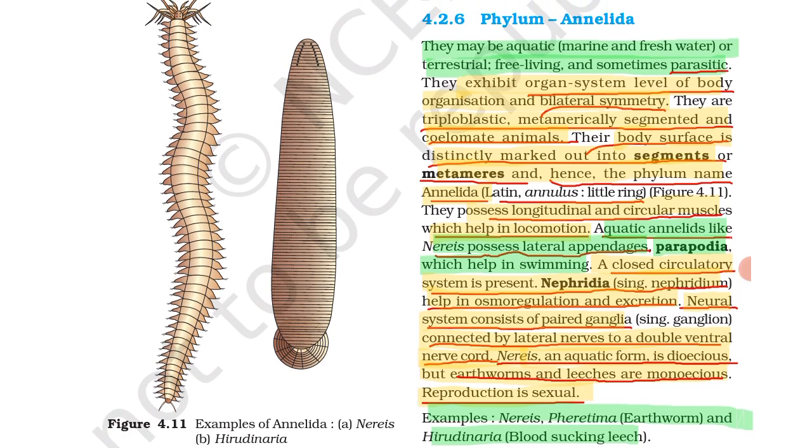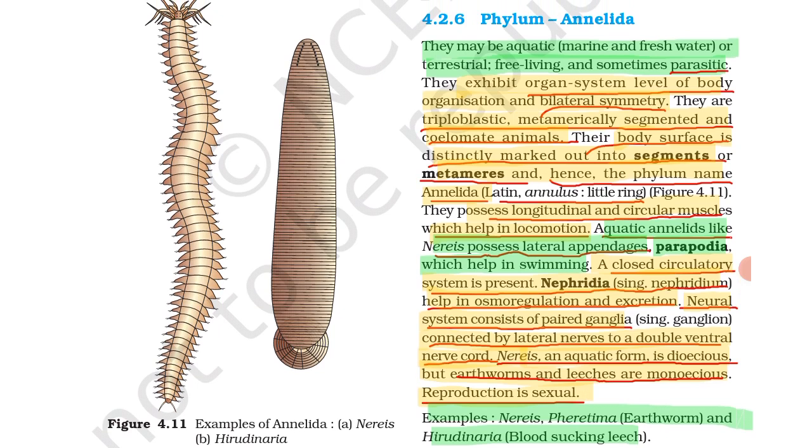Aquatic annelids are those living in water, and Nereis has lateral appendages like parapodia, which are helpful for swimming. They may ask a question from Annelida: what is the use of parapodia? Parapodia are used for swimming.